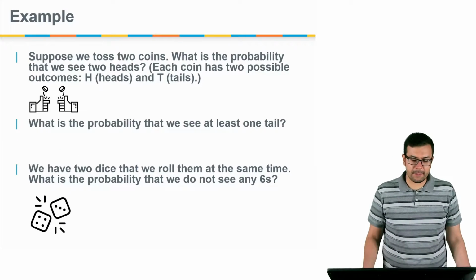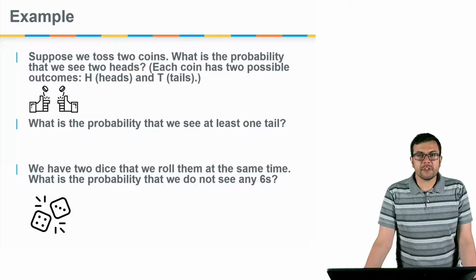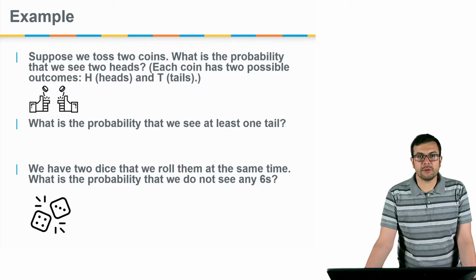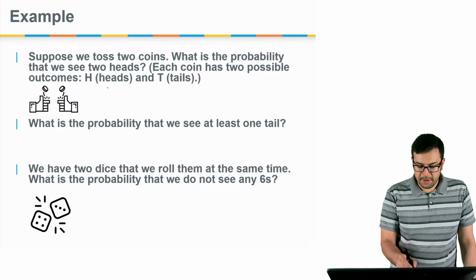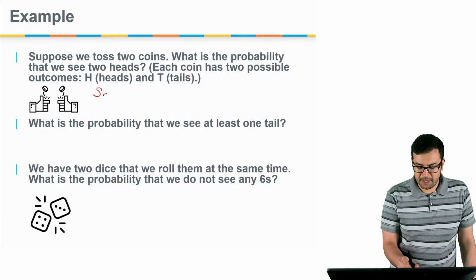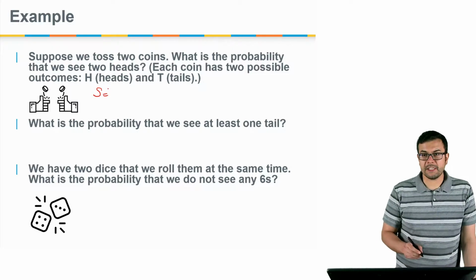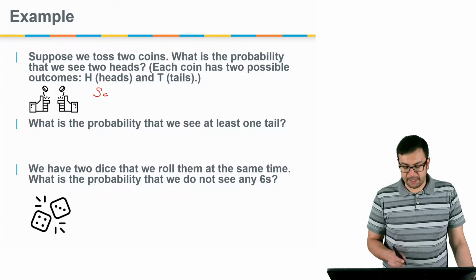Let's take a look at an example. Suppose we toss two coins. Assuming that each coin has two possible outcomes, what is the probability that we see two heads? First, let's calculate the sample space.